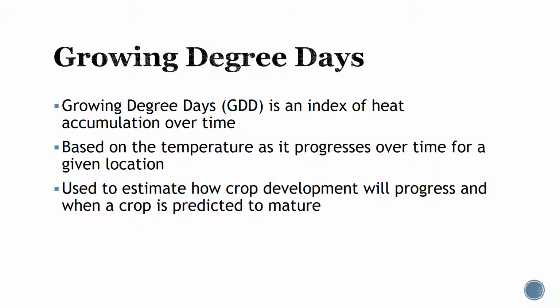The next summer might be a little bit more mild. So that is just the estimate of how that crop development will progress and when that crop is then predicted to be mature. So when you look at this, we're looking at like 110-day corn or 99-day corn. So different varieties that will enable you to grow different degree days in that plant.